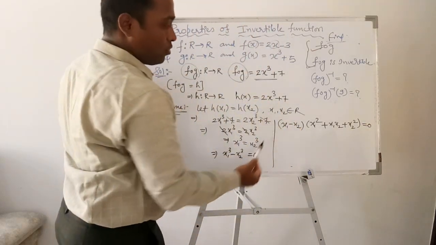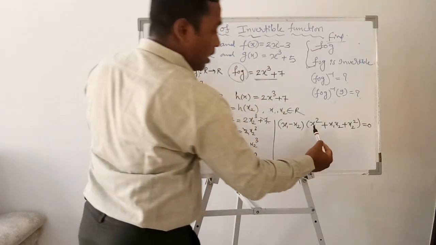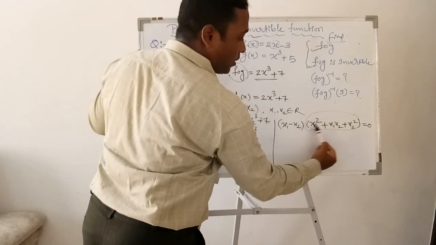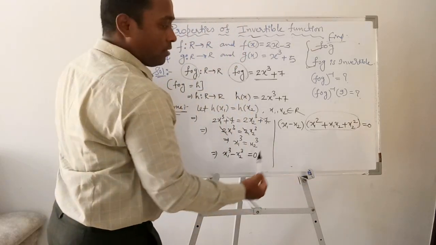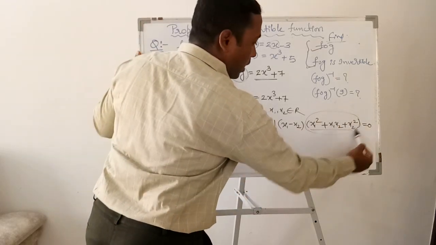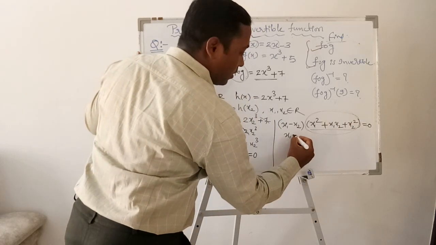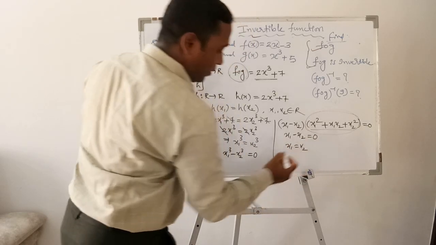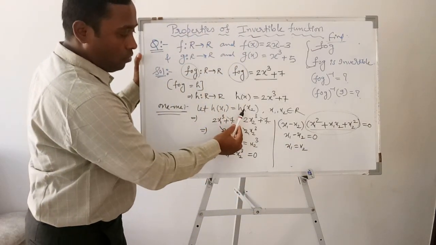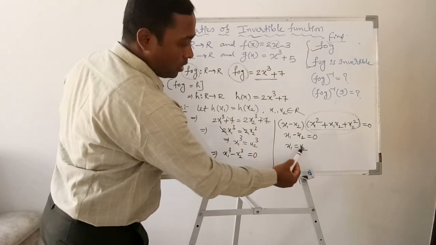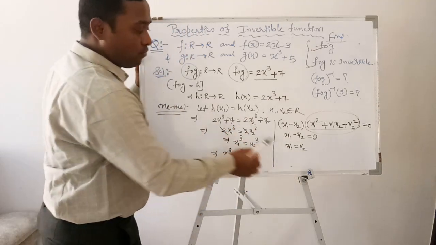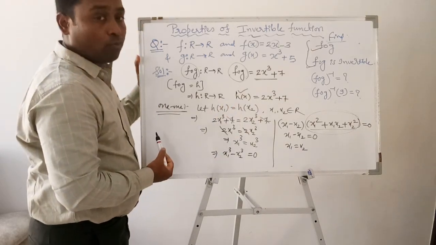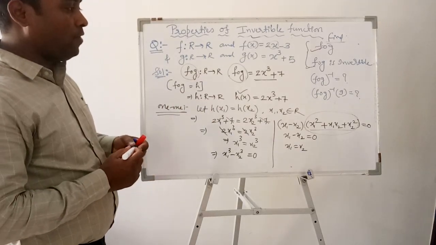Since x1 and x2 belong to the real numbers, the second factor cannot be 0, because it always gives positive numbers. Hence x1 minus x2 must be 0, so x1 is equal to x2. So if h of x1 is equal to h of x2, it implies x1 is equal to x2. This satisfies the definition. Hence h of x is one one. Now we are going to prove the same function is onto.